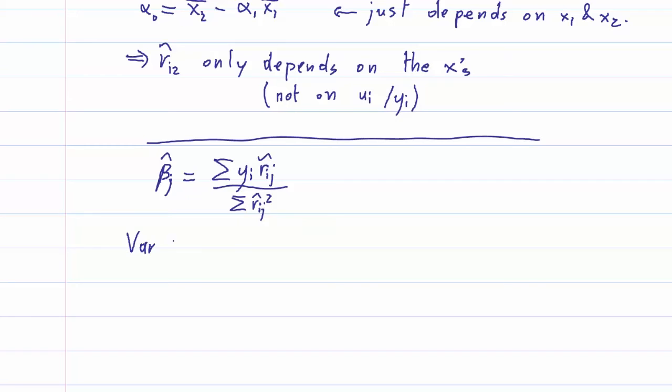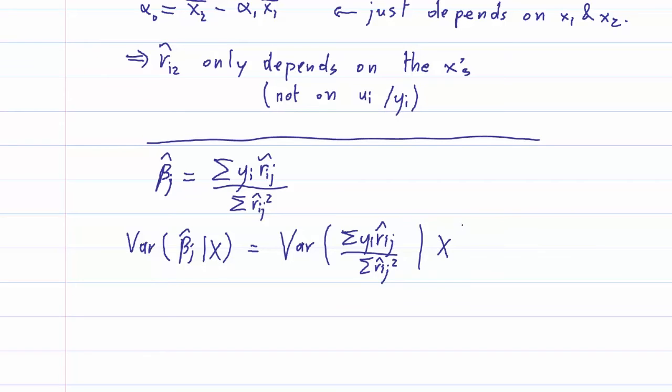So for the conditional variance, we use this formula. We have the variance of the sum of yi's rij hat over the sum of rij hat squared, conditional on x.